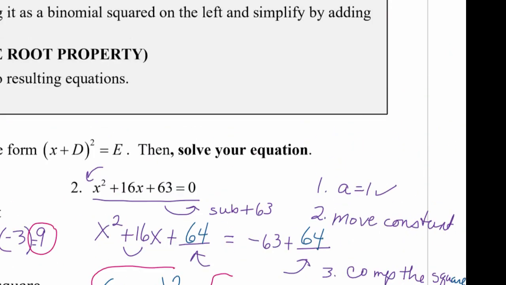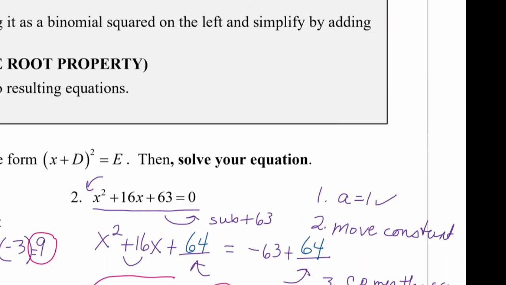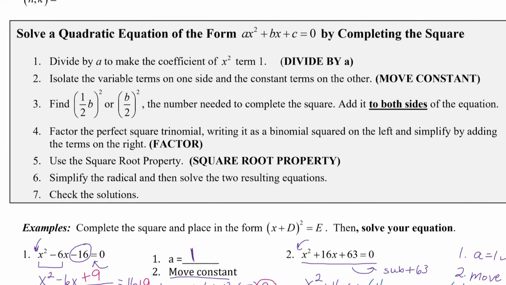Okay. So here are the steps for solving a quadratic equation in standard form. You see it? There's our standard form quadratic by completing the square. The first step is to divide by a to make the coefficient of the x squared term 1.